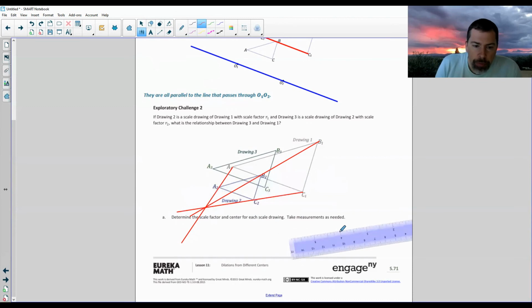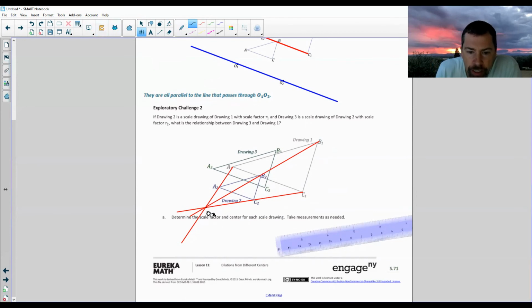All right, so there's my point of dilation to go from drawing 1 to drawing 2. It's right here. I don't want to make it that large, just a dot. Okay, so there's O2. Drawing 1 went to here, so that's O sub 2, making drawing 2.